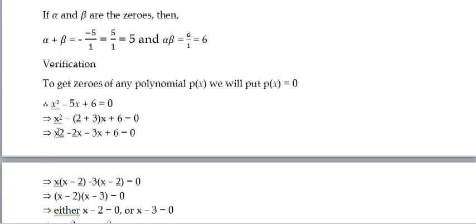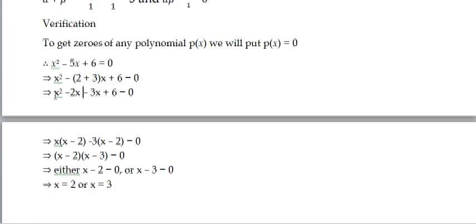Now, taking the multiplication, minus 2x, and again minus 3x, and plus 6 as usual is equal to 0. Now if we take x common from the first two, we get x into x, and from 2x we get 2.